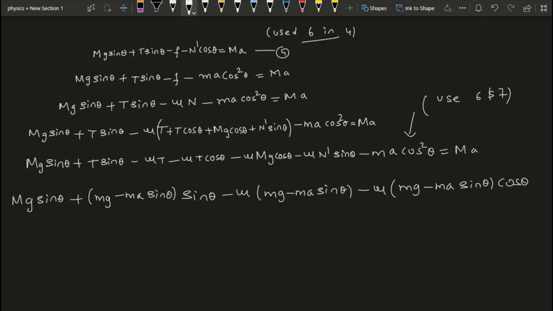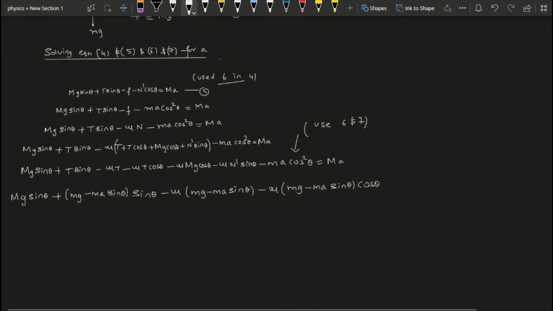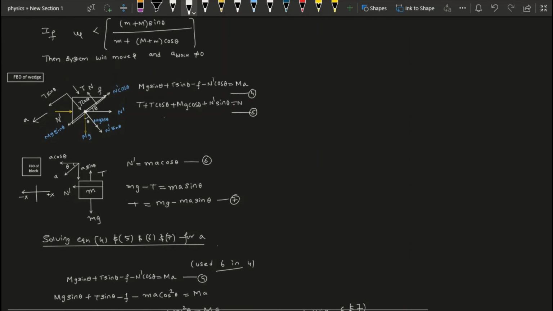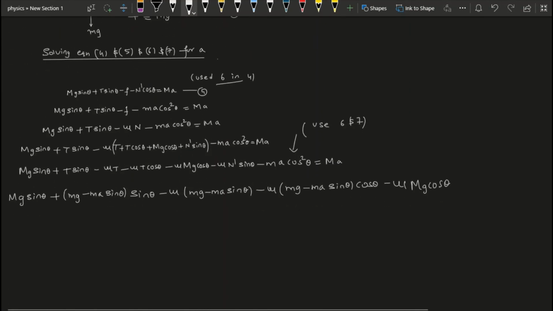Don't forget anything, very big equation we are getting. And minus mu into capital M into g into cos theta. Minus, instead of n dash, what we have to write? ma cos theta. So minus mu into ma sin theta cos theta.